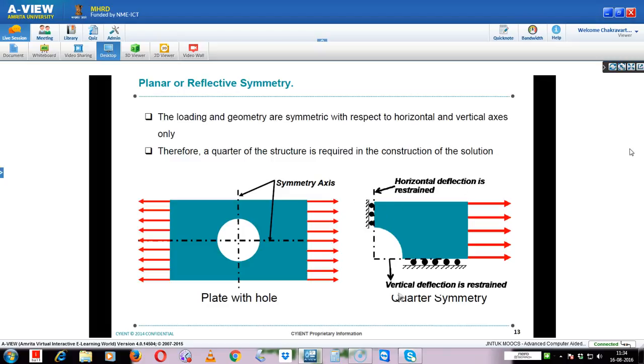This will be a quarter symmetry problem where these are the conditions we need to give. Then only it will be represented as the plate with hole problem. These conditions have to be given at the cut faces. So at this face, vertical deflection needs to be restrained. At this face, horizontal deflection needs to be restrained.